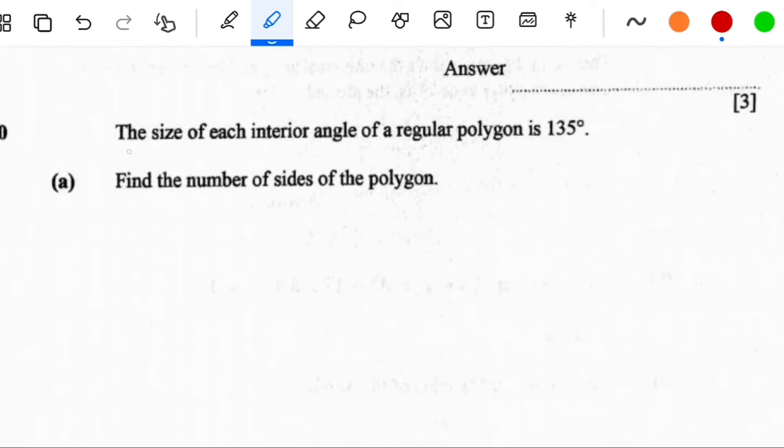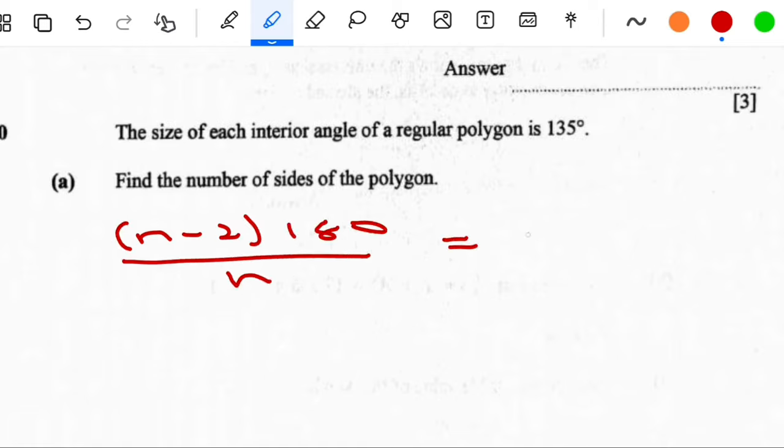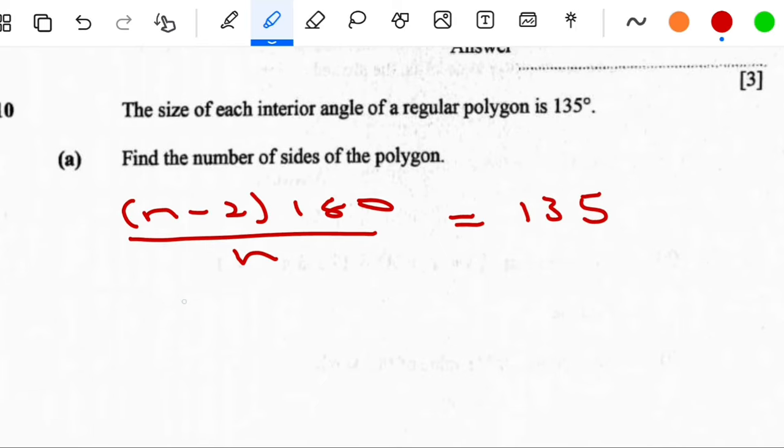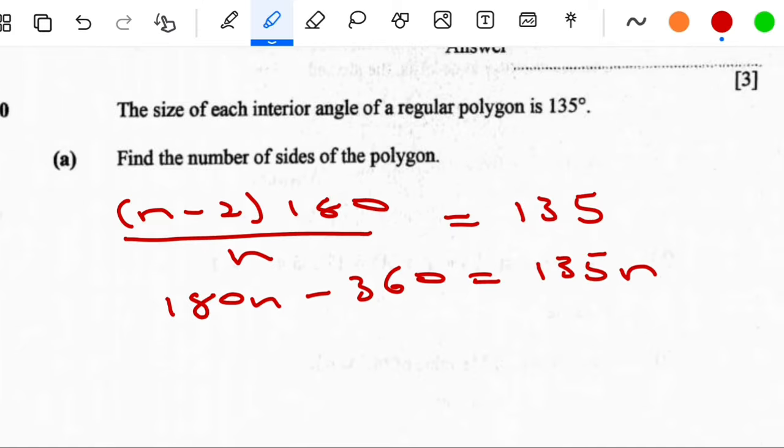Then number 10, the size of each interior angle of a regular polygon is 135. Find the number of sides. So we know that if we say n minus 2 times 180 over n is when we get this 135. So now we've got what? 180n minus 360 equals 135n.